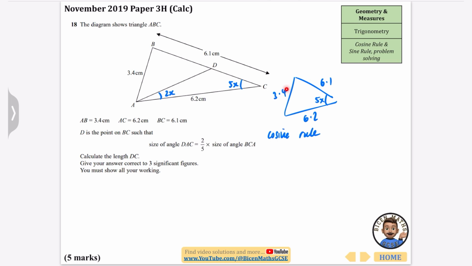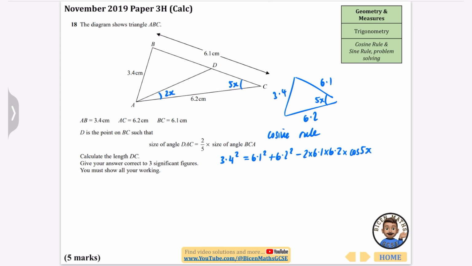So I'm going to say that it's this one squared equals this one squared plus this one squared minus 2 times this times this times the cos of this. So pretty intense. So it is 3.4 squared equals 6.1 squared plus 6.2 squared minus 2 times 6.1 times 6.2 multiplied by the cos of 5x.